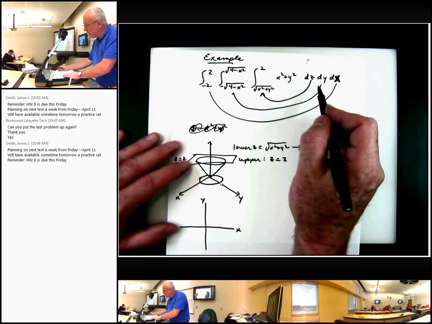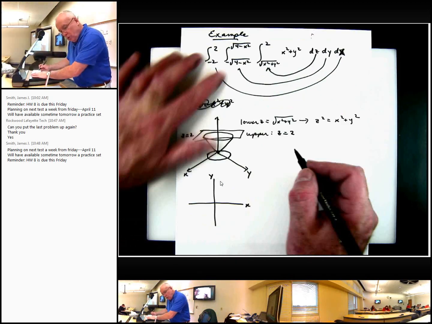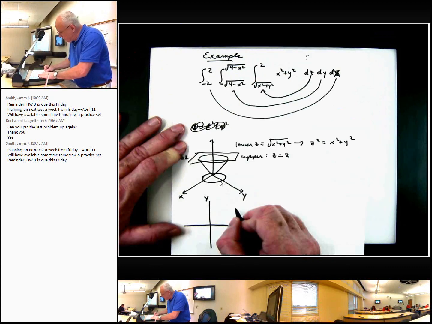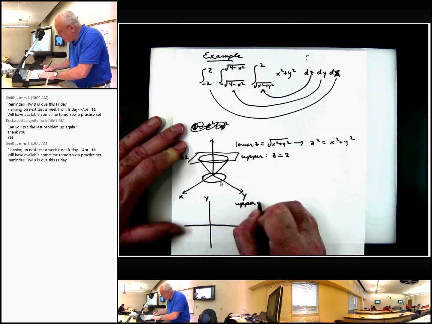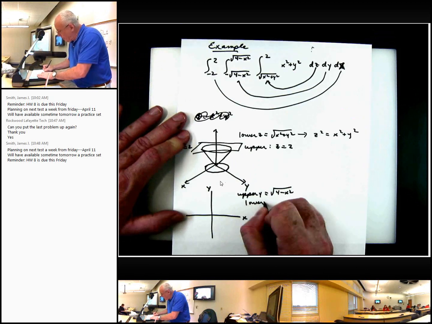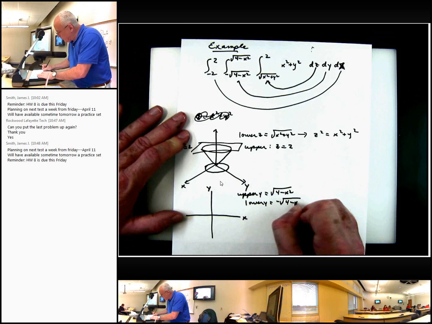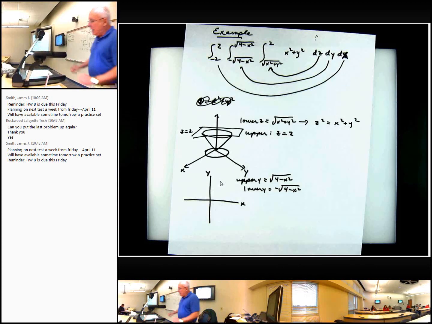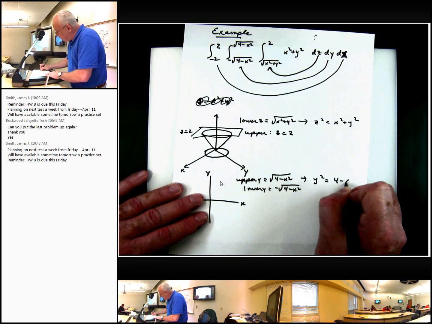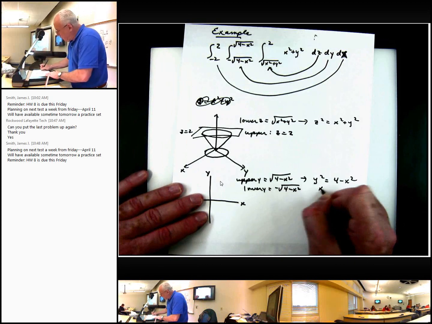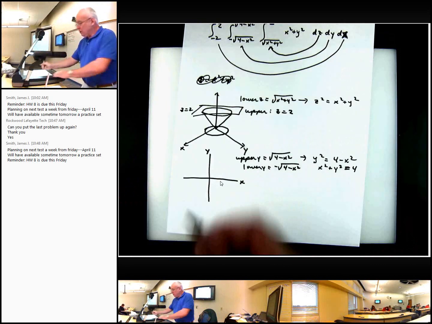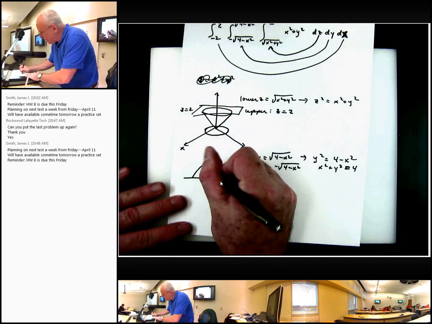We're told that the upper y is the square root of 4 minus x squared, and the lower y is minus the square root of 4 minus x squared. Well, actually, what this means is if I square both sides, y squared is equal to 4 minus x squared, or x squared plus y squared is equal to 4. So my upper y is this upper half circle.